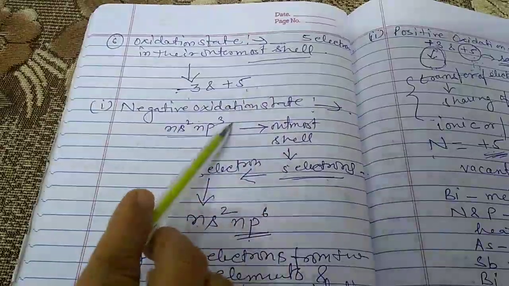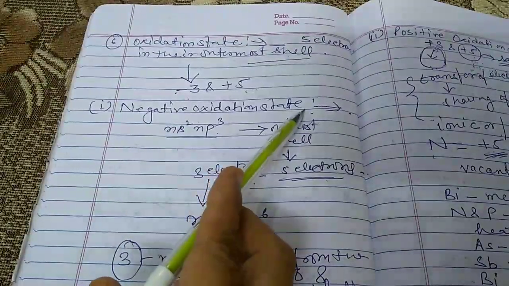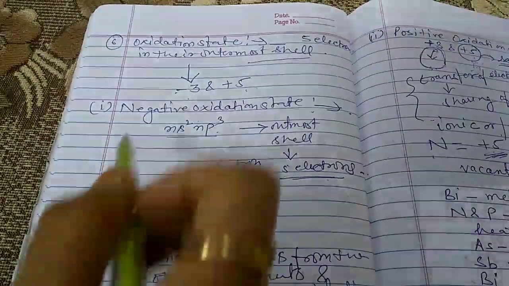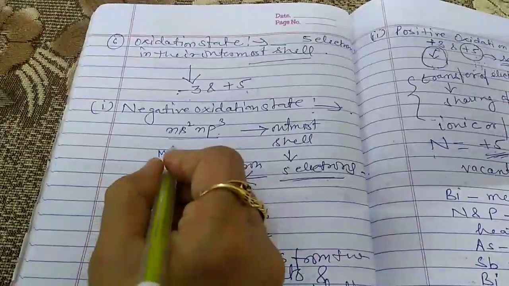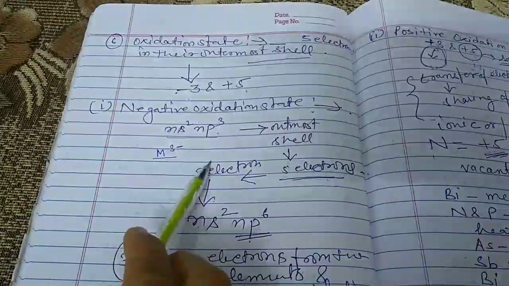If it gains the 3 electrons, then it forms the M3- ion.